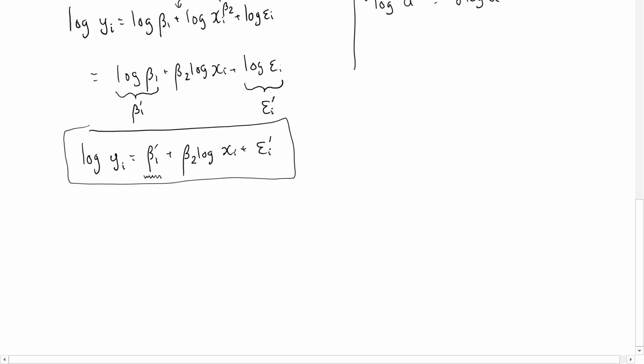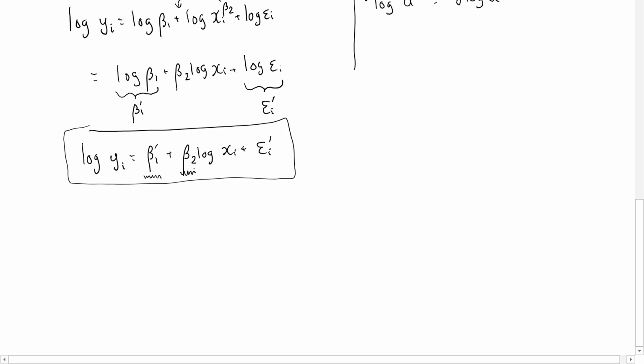So in this model, I'm actually not estimating beta 1. I am estimating beta 1 prime. But that's typically okay because in regression analysis, we in general don't care very much about the intercept. The emphasis is typically on this parameter, beta 2, and that has not been transformed.